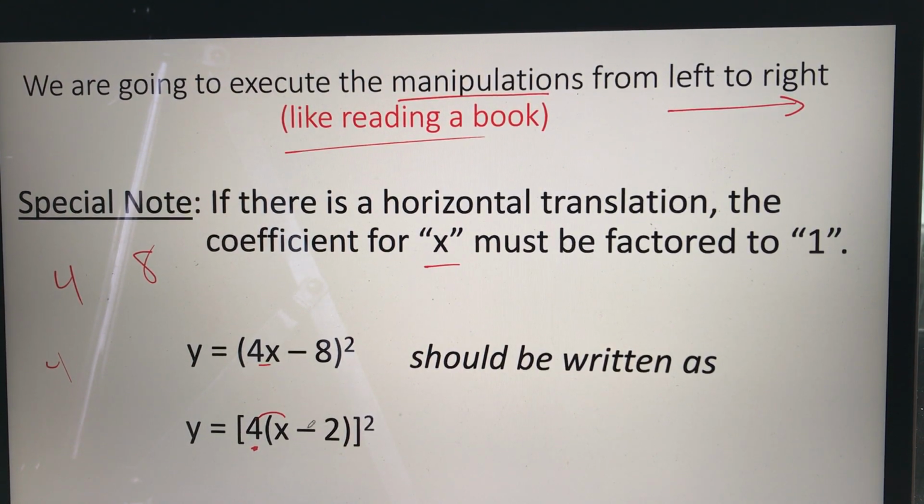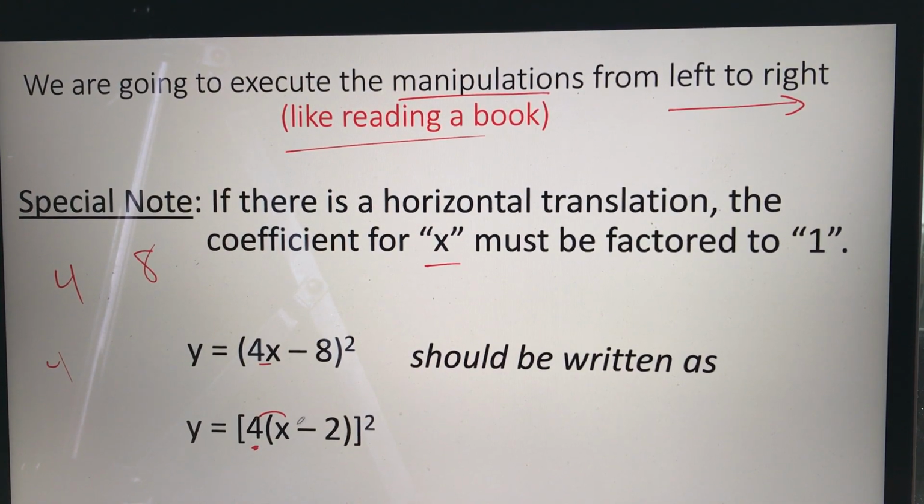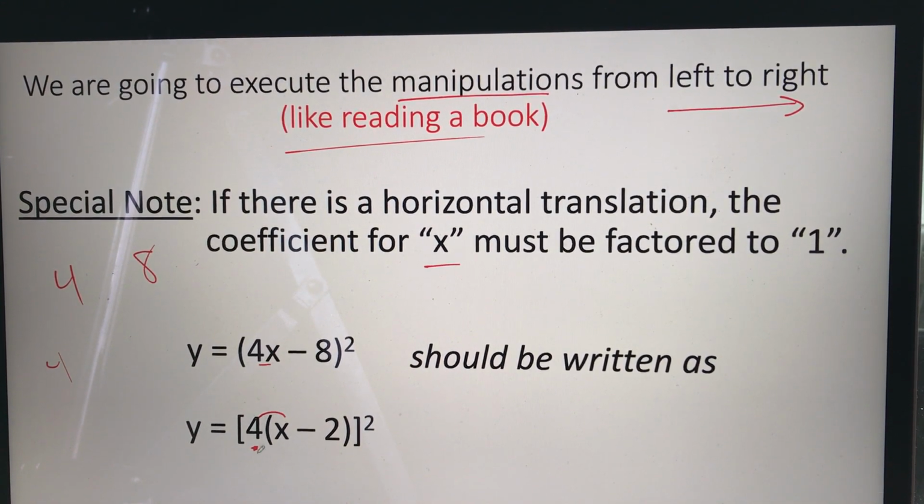So you want to have things written in factored form. That allows us to figure out the proper k value and then the proper left-right movement. In reality, our k would be 4, so I'm going to multiply my x values by 1 over 4, and I'm going to have this horizontal movement of right 2. I'm just going to slide right 2. If I didn't do the factoring, I would move everything right 8. It would be wrong.